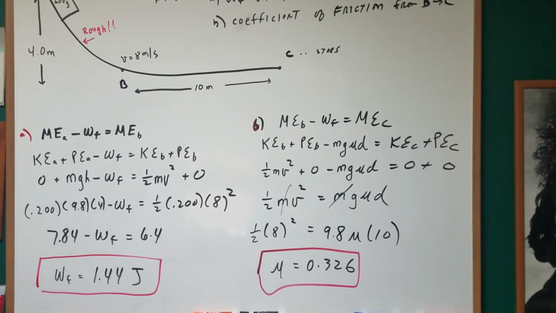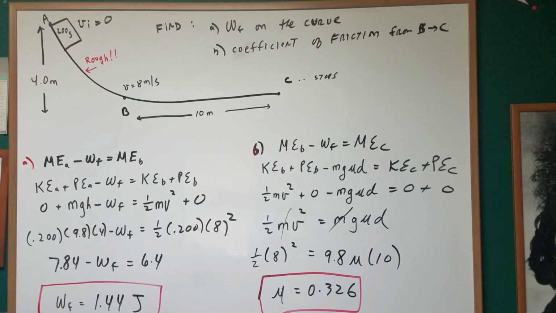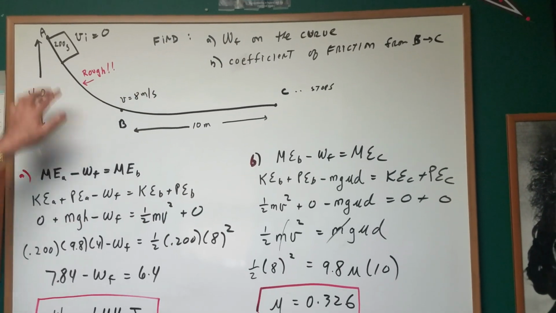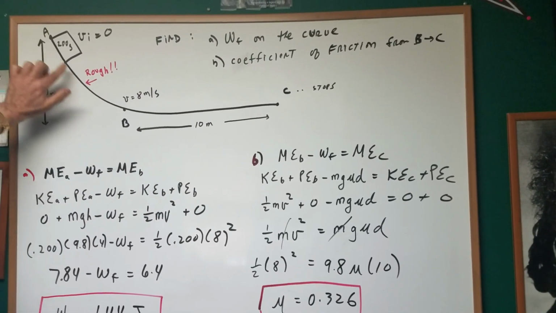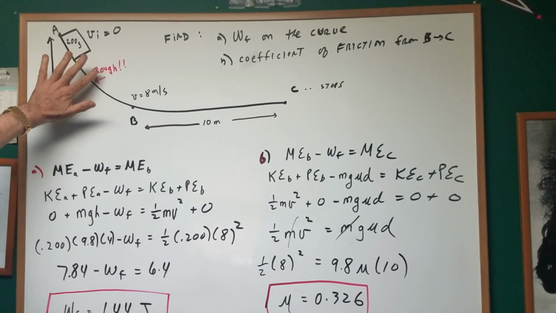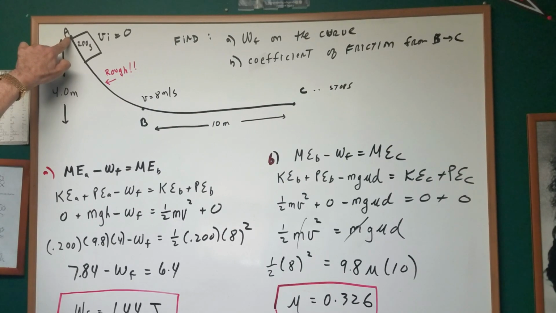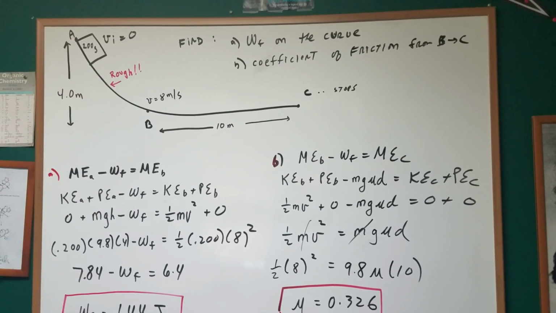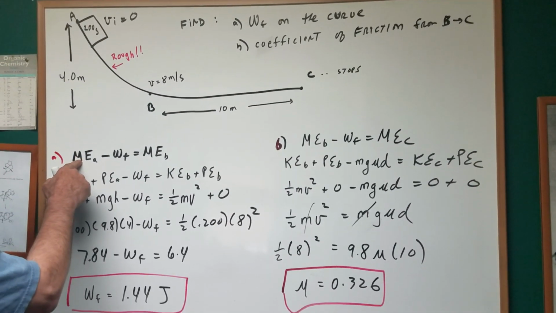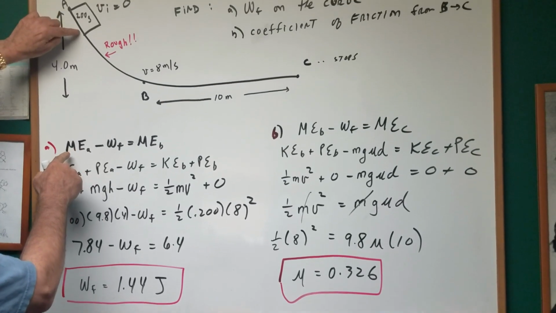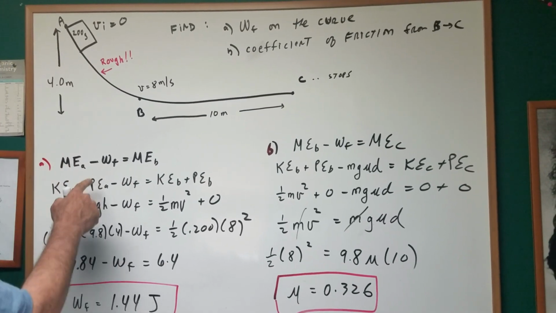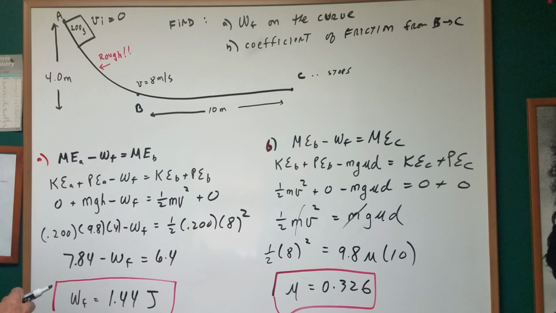Okay, let's do it. What I first want to do is find the work of friction on the curve. Well, obviously, there is friction here. It's rough. So I can't say the mechanical at A is equal to the mechanical at B, but we're going to lose energy as we are moving from A to B. And that energy would come off as the work of friction.